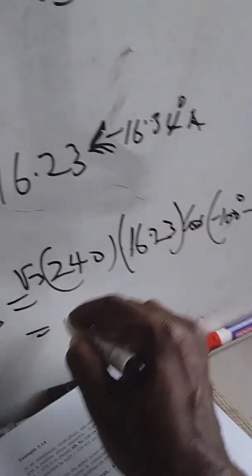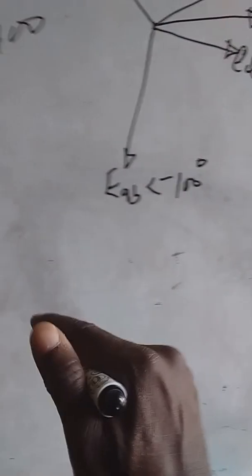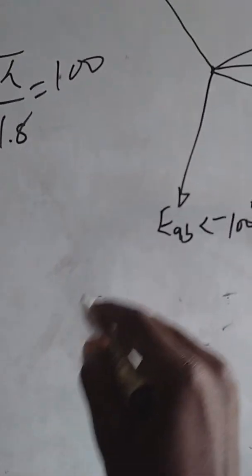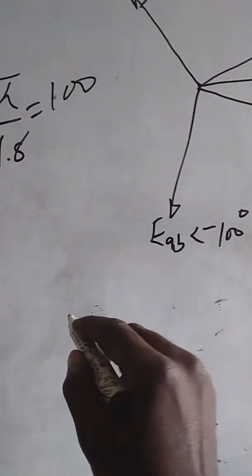So that gives us our PAB. So we use the same thing to solve for the power in phase C, in this load for the phase BC.